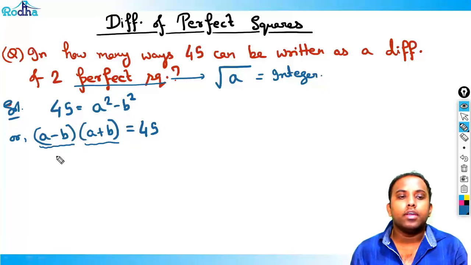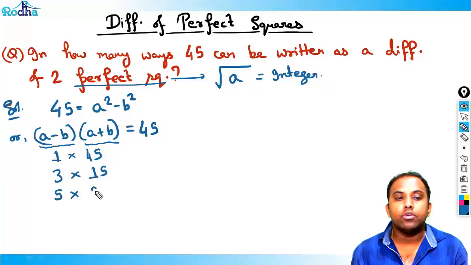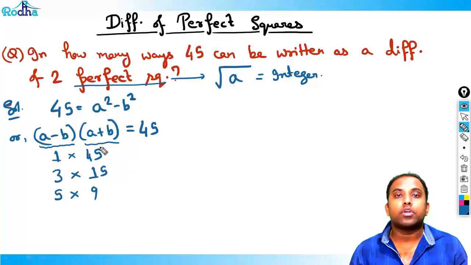Normally, I'll think like this: it could be 1 into 45, or 3 into 15, or 5 into 9. In this way I can write 45 as a product of two numbers, where one is a minus b and the other is a plus b.